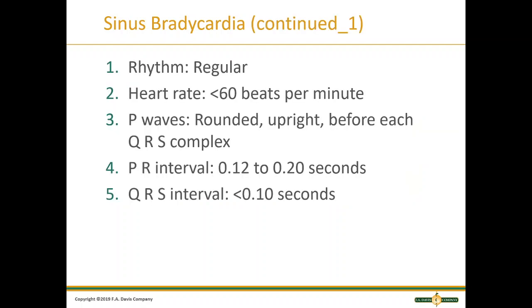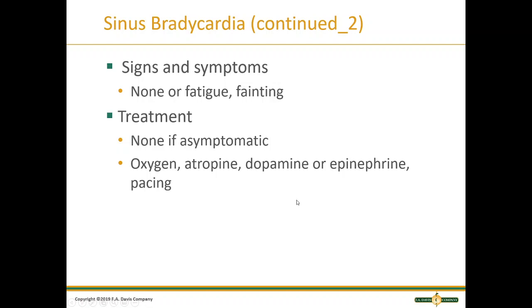It's going to be less than 60 beats per minute. And so if their heart rate is 50 or something, it's more spread out there. You see these numbers change, okay? Don't make it more complicated. You can have no symptoms of this.